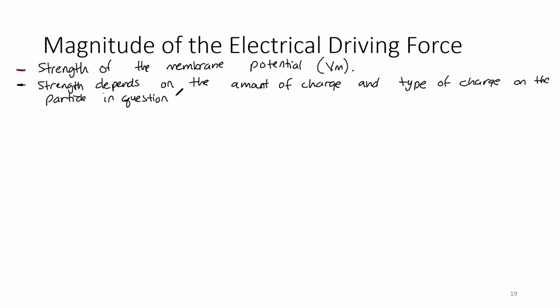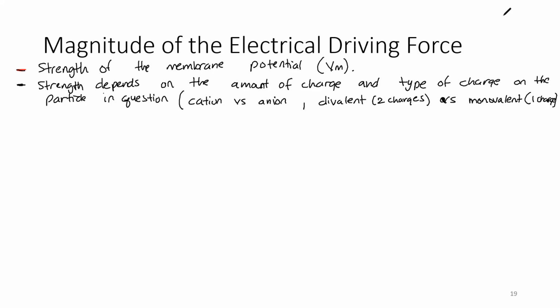Essentially, whether it is a cation versus an anion, as well as whether it is divalent. A divalent ion has two charges, like calcium, versus a monovalent ion, which only has one charge, like sodium.